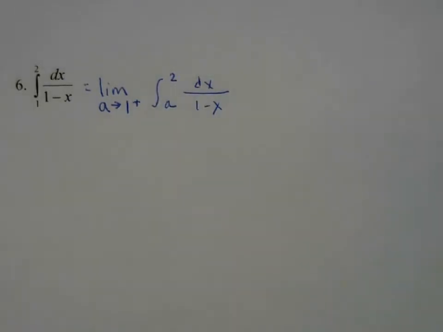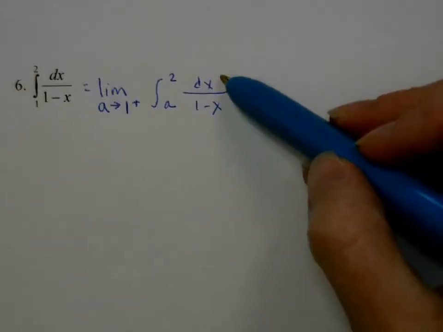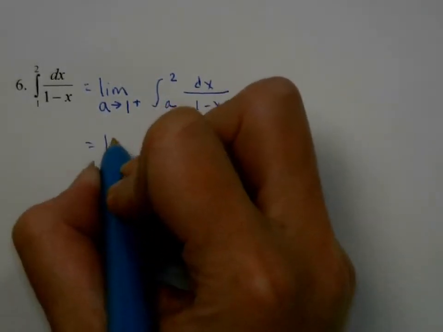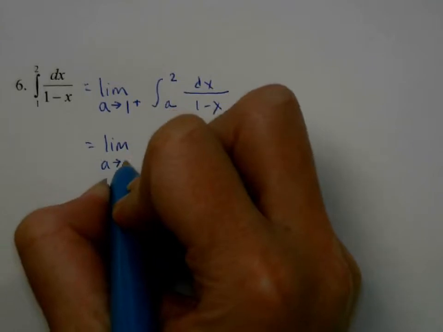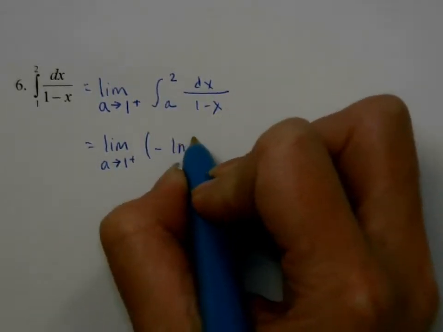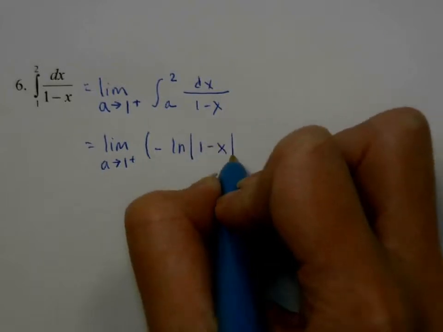Well, the integral of 1 over x is natural log. So this is going to be negative natural log of 1 minus x, evaluated from a to 2.